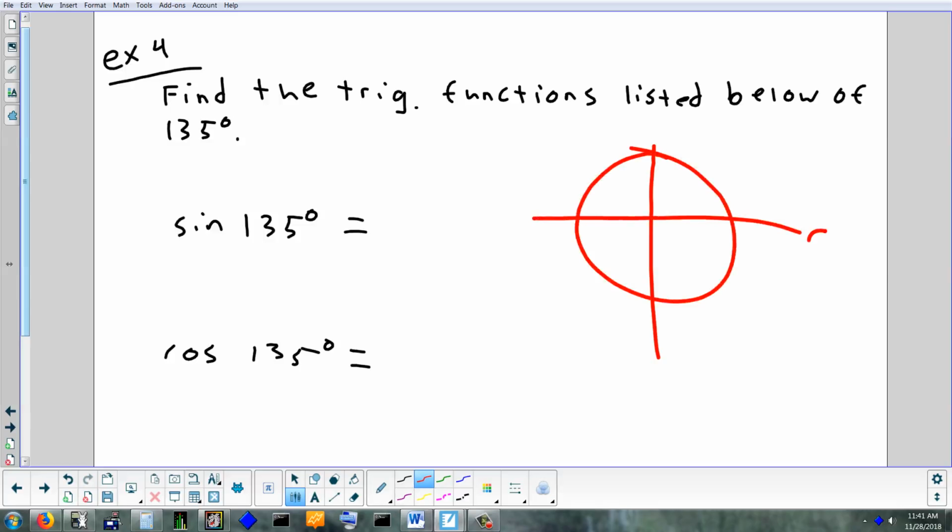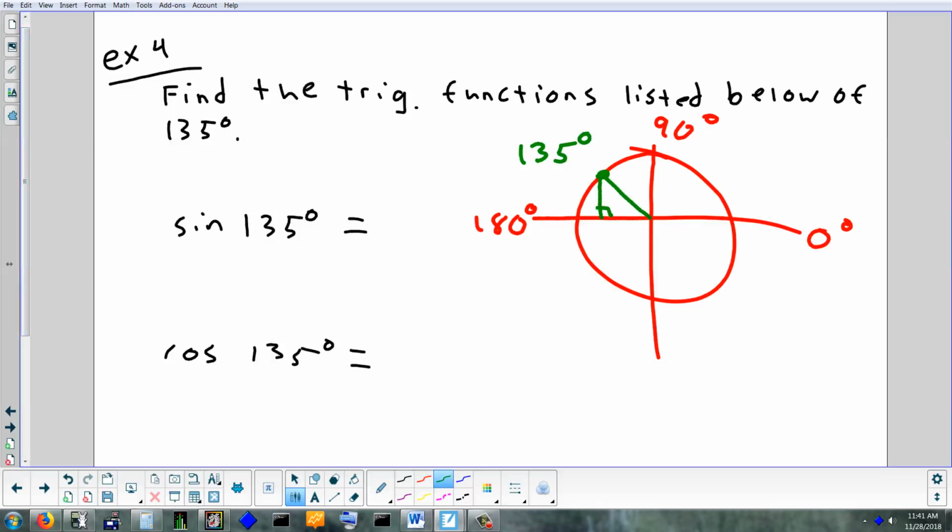So if I draw my angles, where would 135 go? It's exactly between 90 and 180. So here's your triangle.